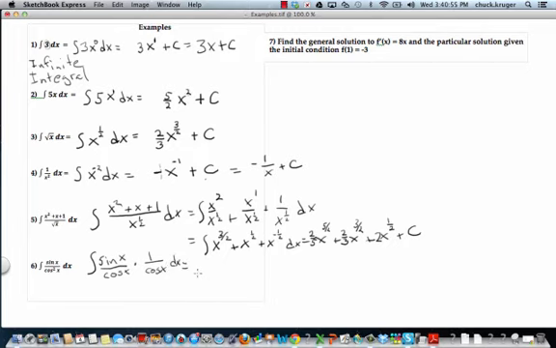Now this one's going to be in the other page of your notes, and I'm going to rewrite it here as the sine of x over the cosine of x is the tangent of x, and 1 over the cosine of x is the secant of x dx. And so this is the same as the secant of x tangent of x dx.